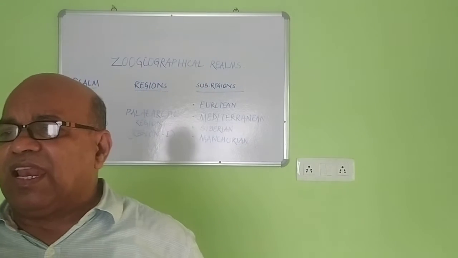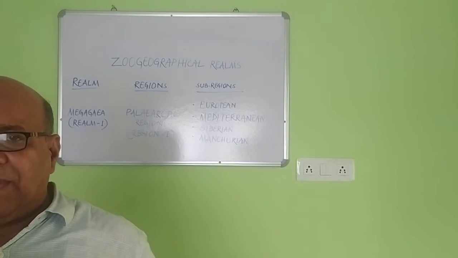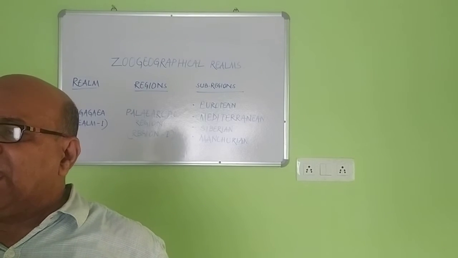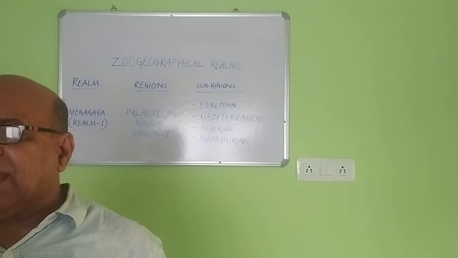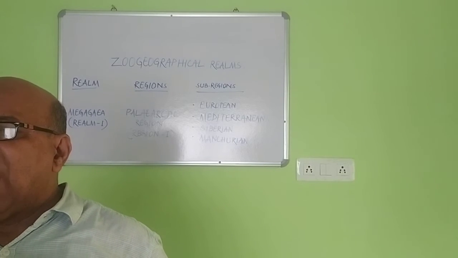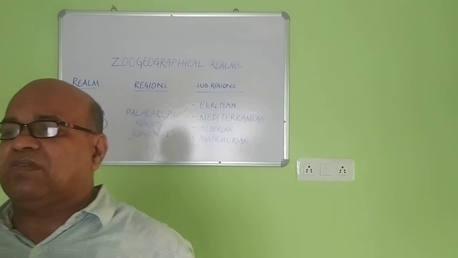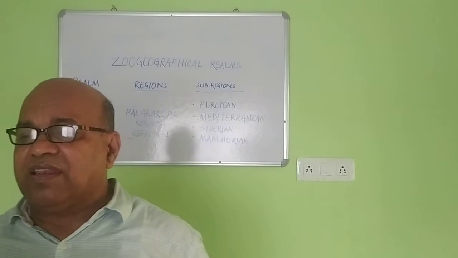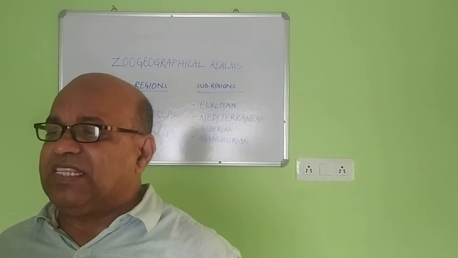Each of these regions is further divided into sub-regions, as I already explained. Each sub-region is unique on its own, providing optimum environmental conditions for the growth and breeding of diversified groups of organisms. The first one is the Palearctic region.